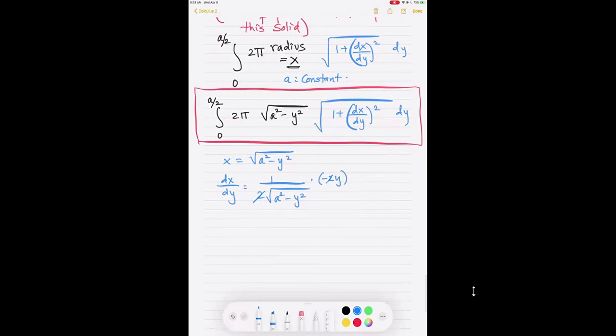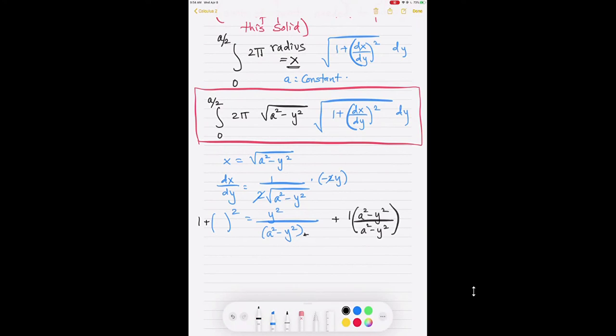Okay, so when I square it, then I'm going to get y squared over a squared minus y squared. And I picked this for two reasons now. Russell, the question that you were asking earlier, now I want to add 1 to it, right? And when I want to add 1 to it, the trick I use is to take this denominator and think of this 1 as a squared minus y squared over a squared minus y squared.